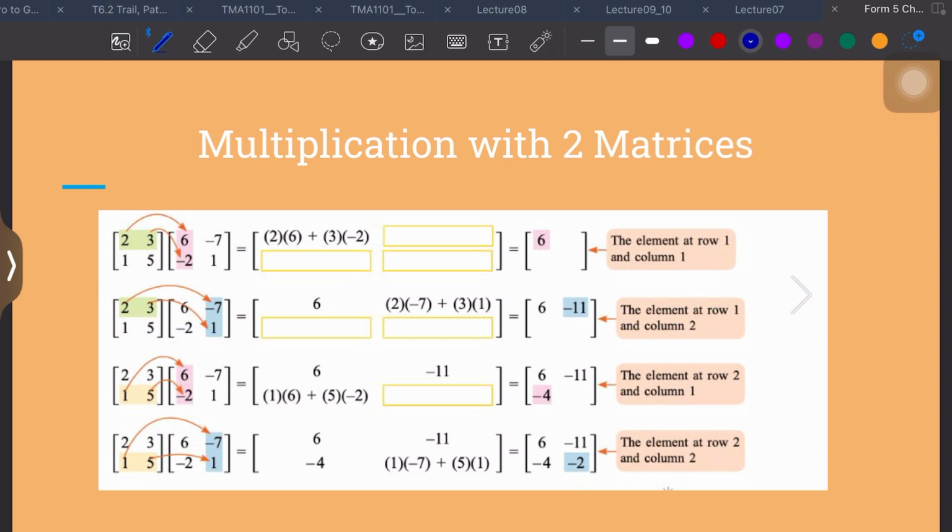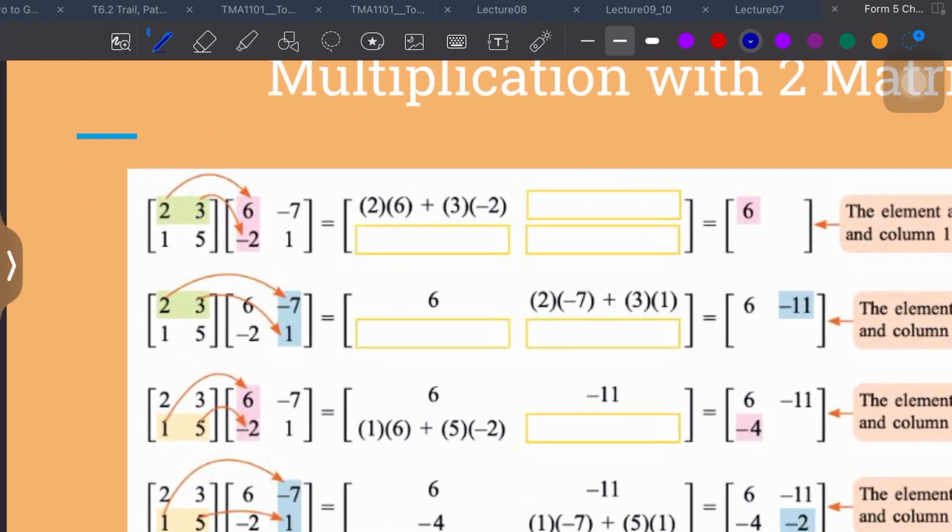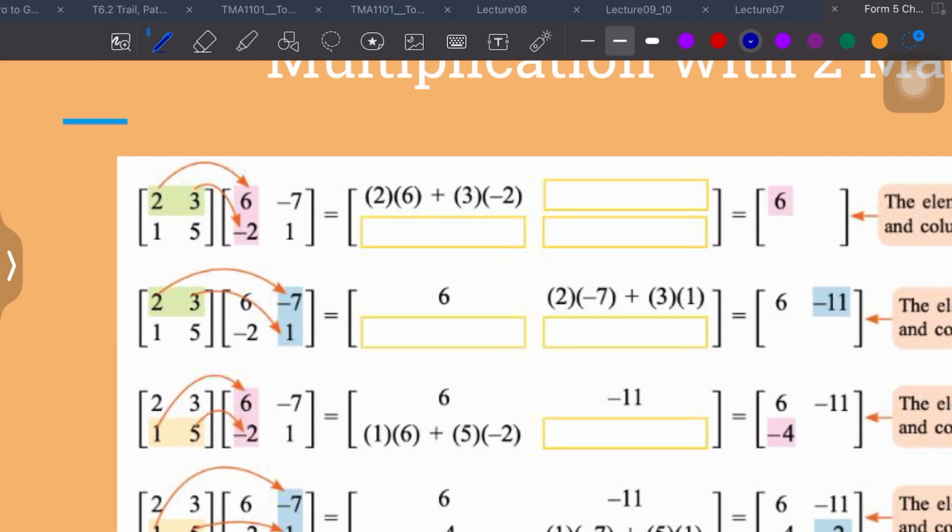Move on. Multiplication with two matrices. So in order to do this, it's easy, simple.